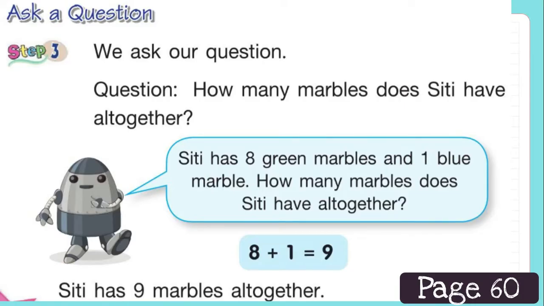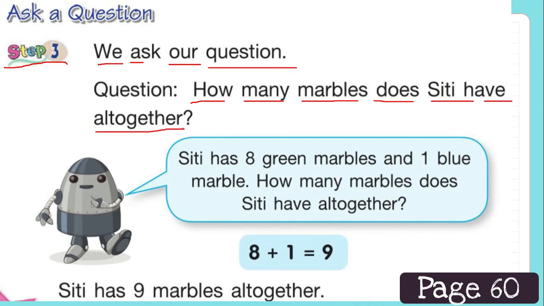Step number 3, we ask our question. We're going to make our own question. So, how many marbles does City have all together? What did I tell you last time? All together means you're going to add, plus.